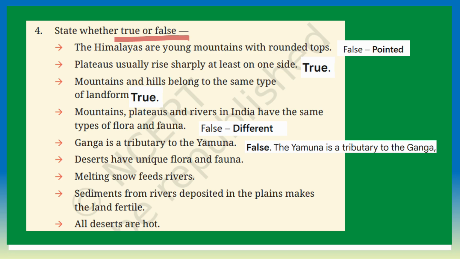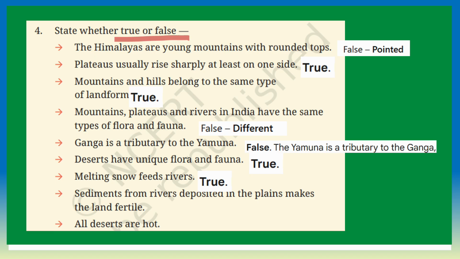Next one, deserts have unique flora and fauna. This statement is true. Only certain plants and animals can survive in deserts. Next one, melting snow feeds rivers. Is it correct? True. Snow from mountains melts and becomes river water.